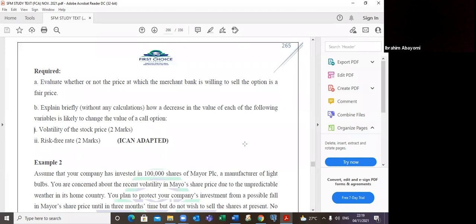Volatility measures the degree of deviation of the value of a particular variable.